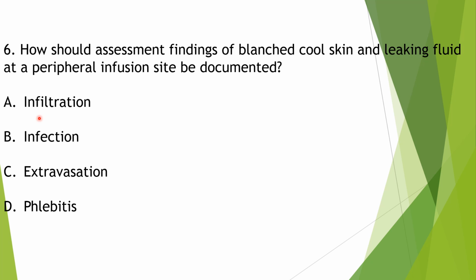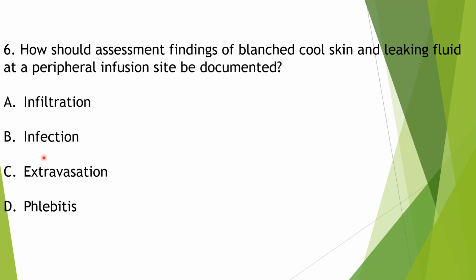And when the solution or medication that is infiltrating is a vesicant, which means it is able to cause blisters, you can call it an extravasation. That is the leakage of IV fluid into the subcutaneous tissue.